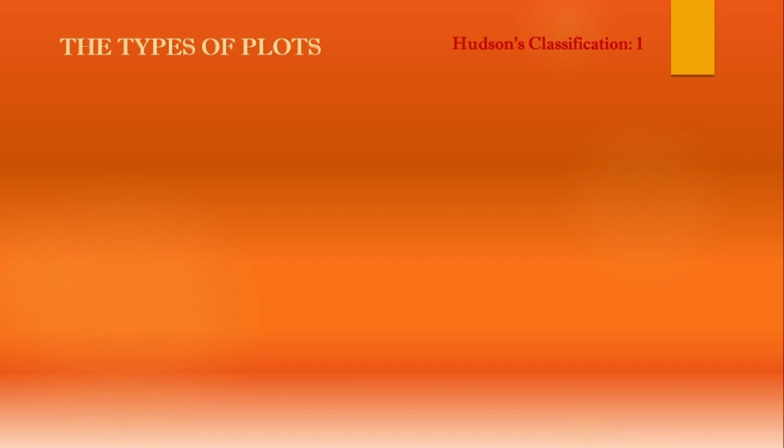The types of plots. There are quite a few types of plot distinctions. Firstly, let's discuss Hudson's classification of the plot into two, namely the loose plot and the organic plot.